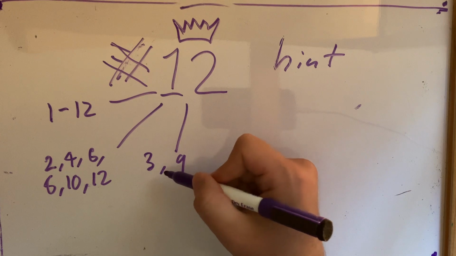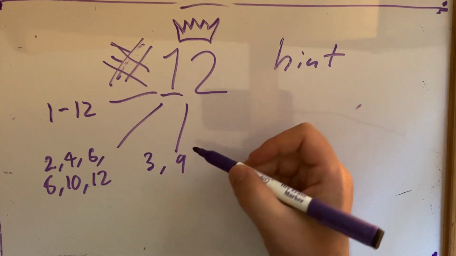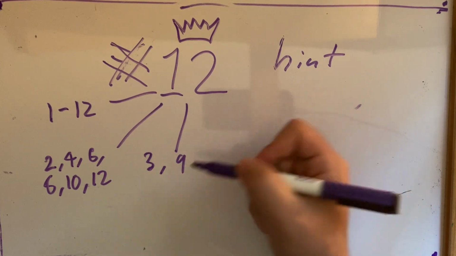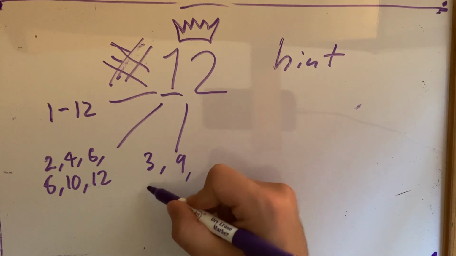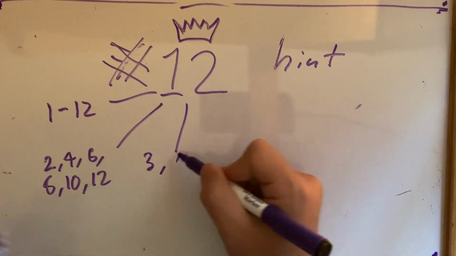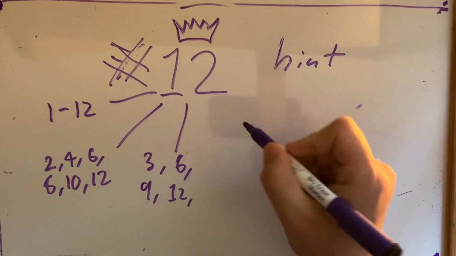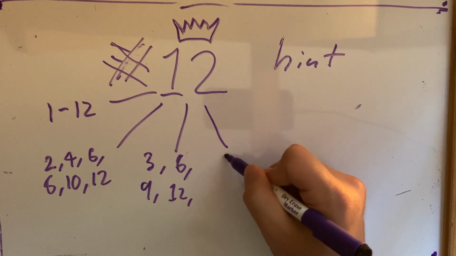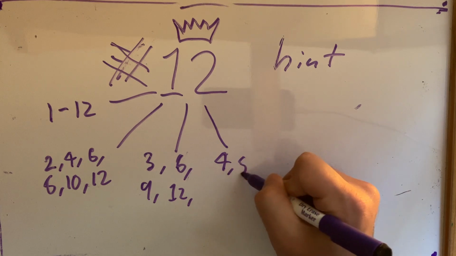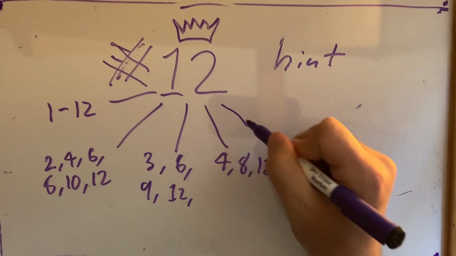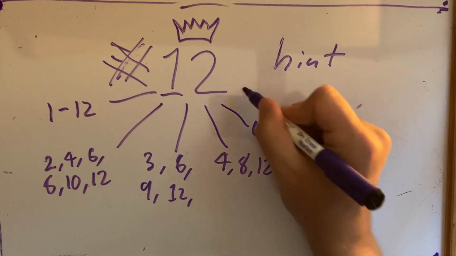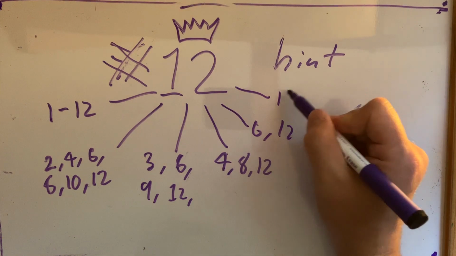You would expect to see 4 here, but 3 times 4 is 12. Then we can break it down into thirds: 4, 8, 12. Halves, 6 and 12. And then we get a whole.